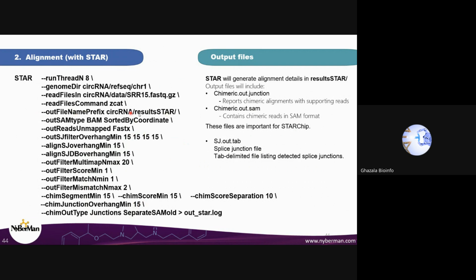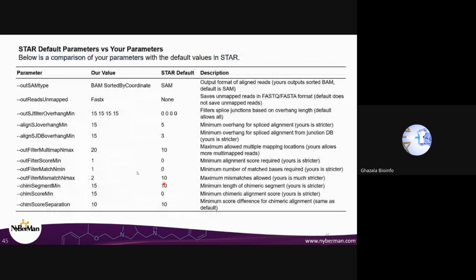Even if you skip these parameters and just give STAR the thread information, or even without threads, and just the input reference directory and the sample information, STAR will run. But in that case, you will not get the junction file and the SAM file, and your parameters will be set at the default values.